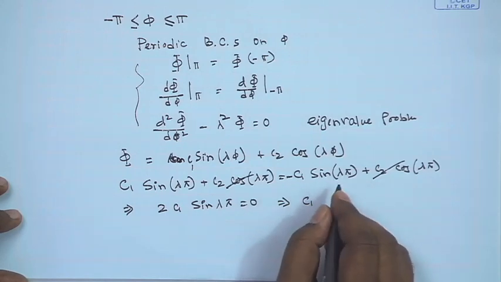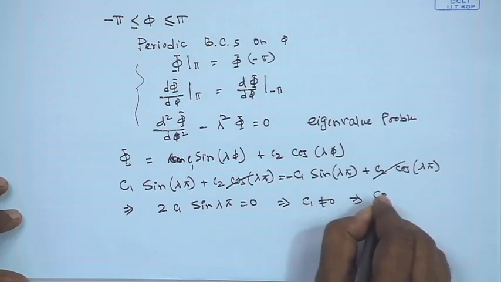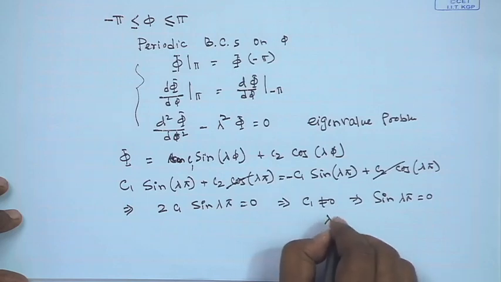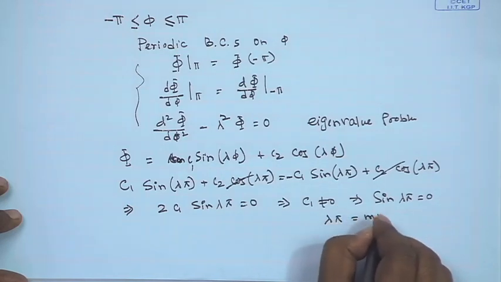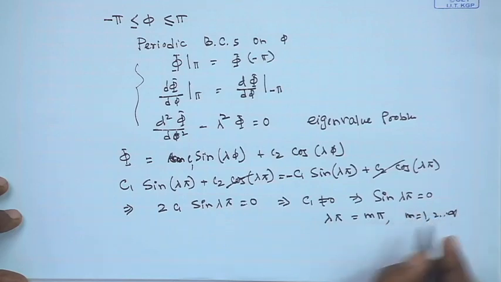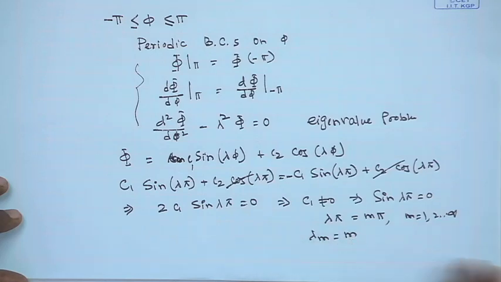For C 1 not equal to 0, we have sine lambda pi is equal to 0. So, lambda pi is equal to m pi, the general solution, when m runs from 1 to infinity. So, lambda m is equal to m, the natural numbers.